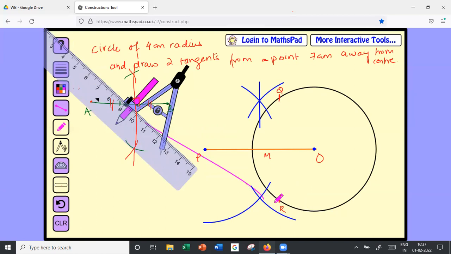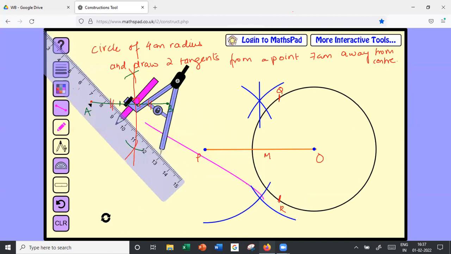So as long as you are getting those, that's fine. Yeah, ma'am, now I can see. Ma'am, after getting those tangents, I guess the diagram is done, right? Yes, the diagram is done.